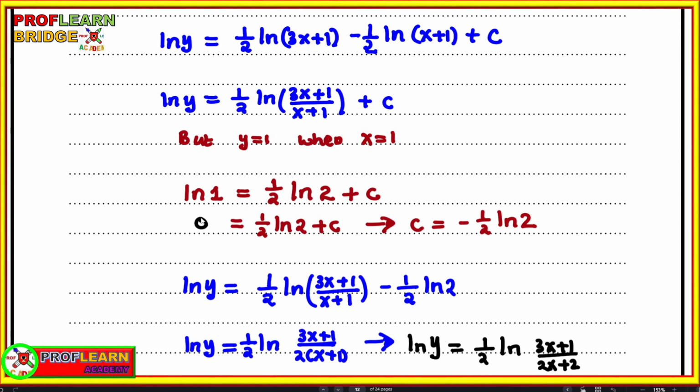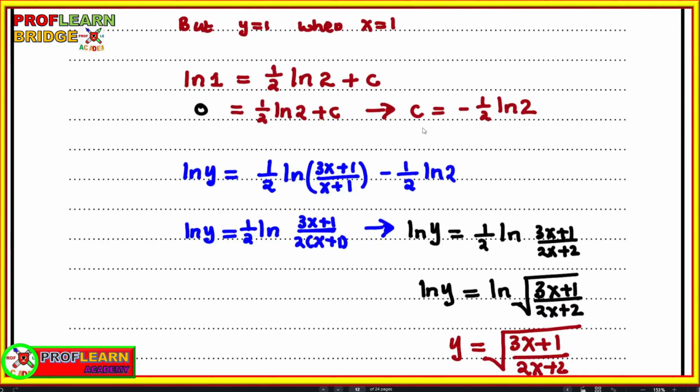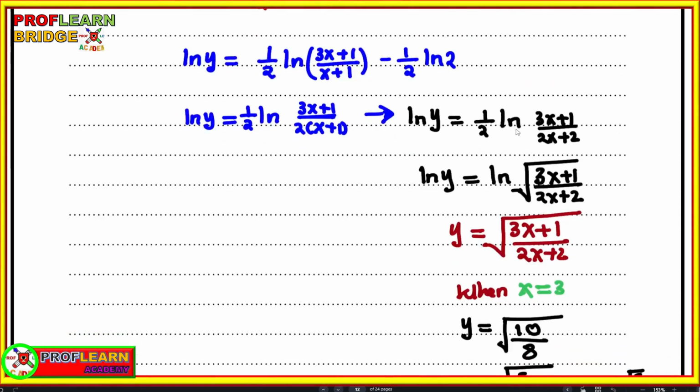So ln of 1 is actually 0. And if we substitute x equals 1 into this, it is going to be 4/2. And this is going to be now 1/2 ln of 2 plus c. And then ln of 1 is actually 0, and then we are going to get a value of c equal to -1/2 ln of 2 in that case.